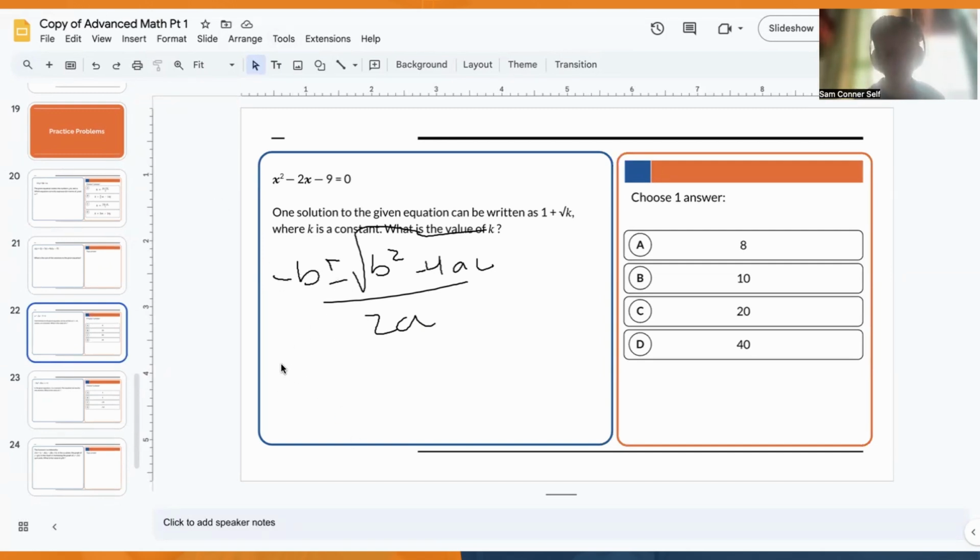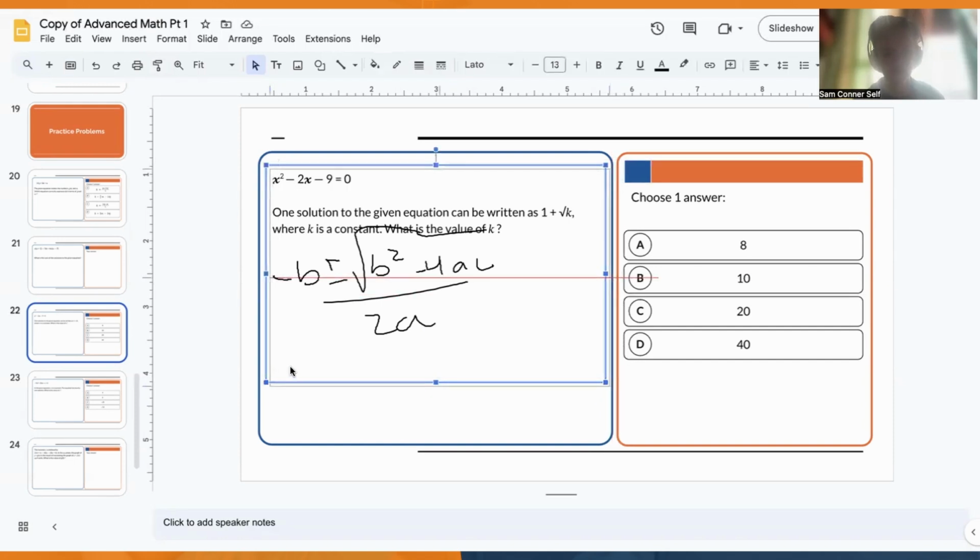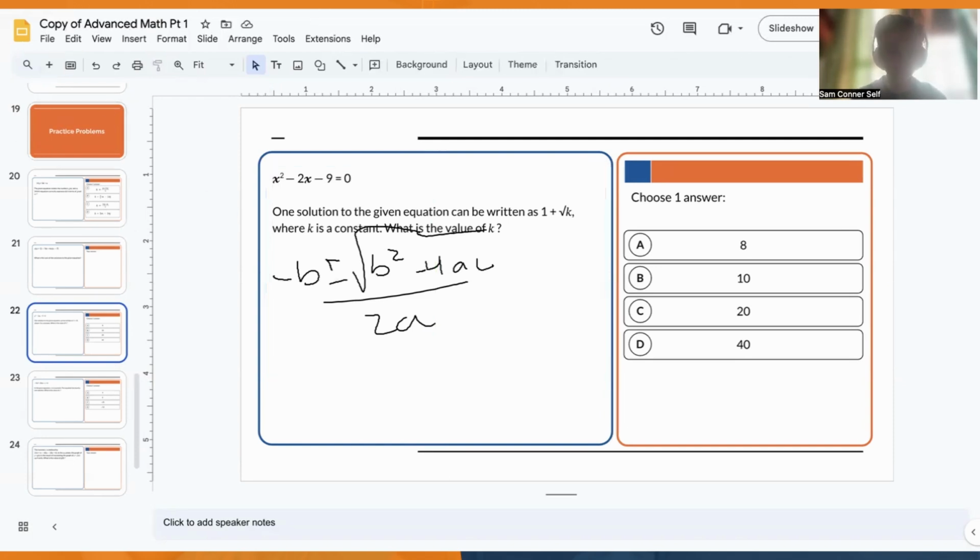All right, so we just have to plug in. So -b is actually going to be positive. It's actually going to be +2. So it's going to be 2 plus or minus the square root of b squared.